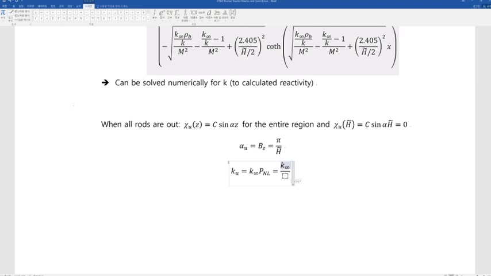And this non-leakage probability, when we apply two group theory, was given as 1 plus M squared Br squared and Bg squared.